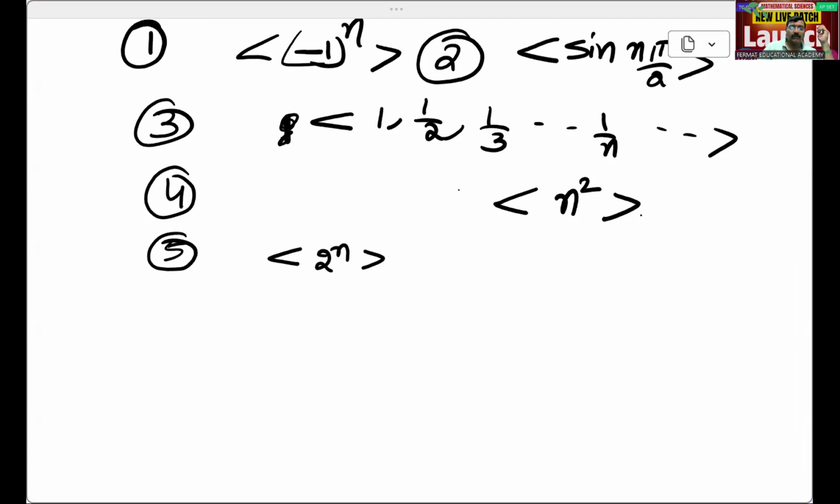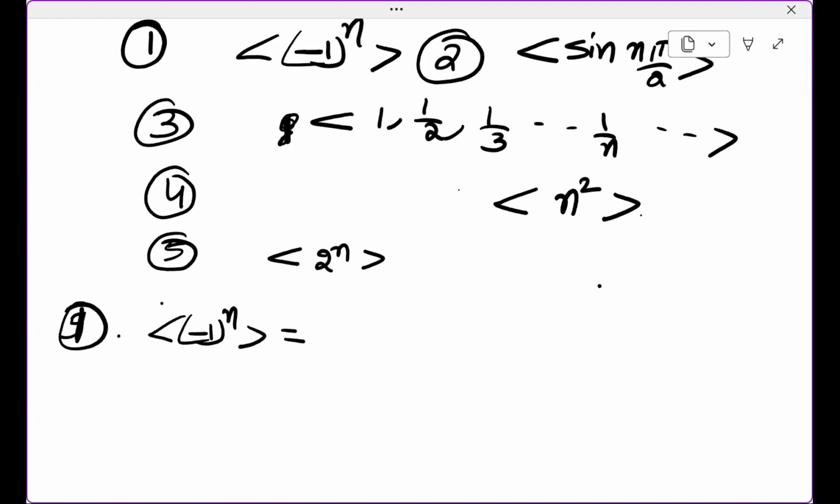Something like this. What is the range? (-1)^n. As many of you have responded, this is nothing but n equal to 1, (-1) squared. That is the reason why I have discussed (-5)^n.